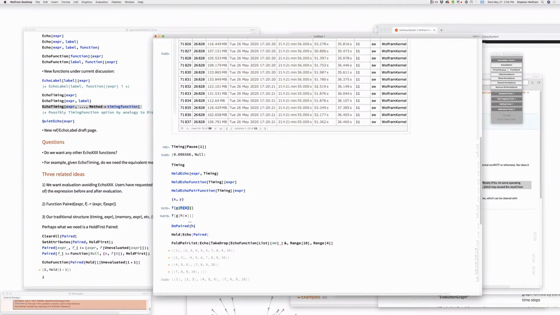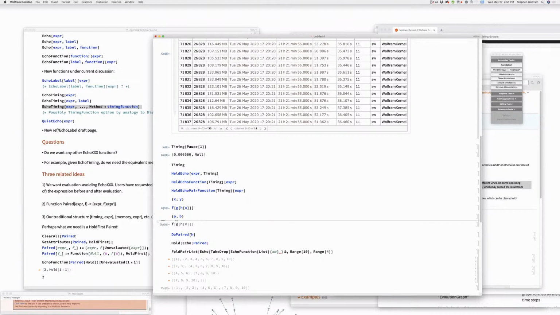H is going to return A, B, and then we're going to apply some function U to A, for example, and we're going to return B. So the result is this, I claim. So how do we specify that?